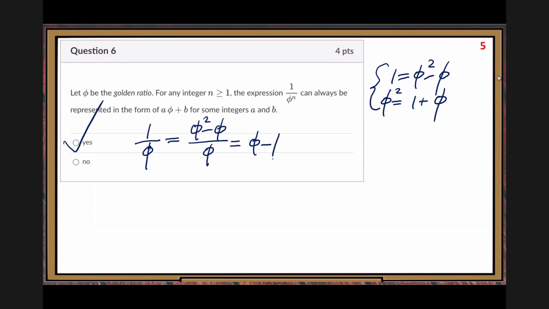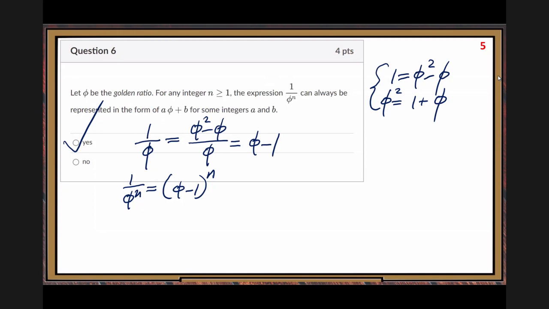With that, 1 over phi to the n, can you write it as phi minus 1 to the nth? Phi minus 1 to the nth is a polynomial of degree n, right?